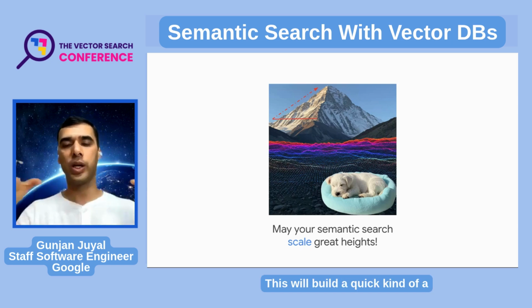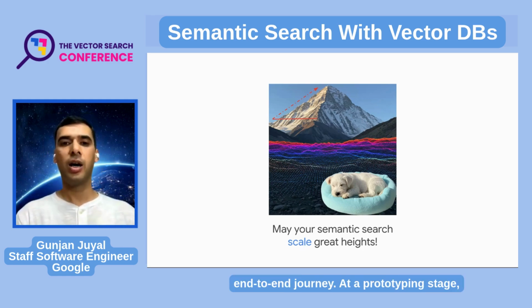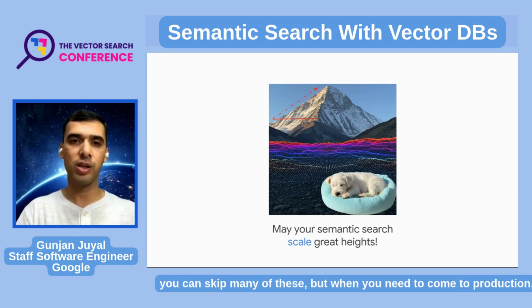This will build a quick mental map of the end-to-end journey. At a prototyping stage, you can skip many of these, but when you need to come to production, having this mental map really helps.